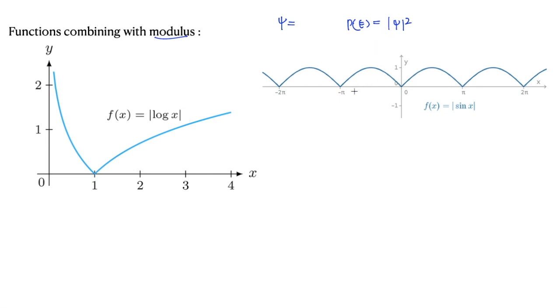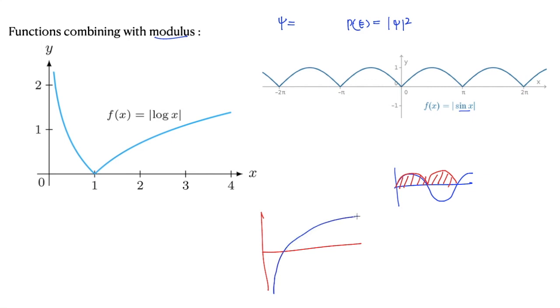type of function, right? So if you have sine x, the curve was like this, right? If you take the mod of that, the curve will become only positive. Okay, you will just have the positive values. The negative side also becomes positive. Same goes for log x. If you remember, for log x, the curve goes like this, right?